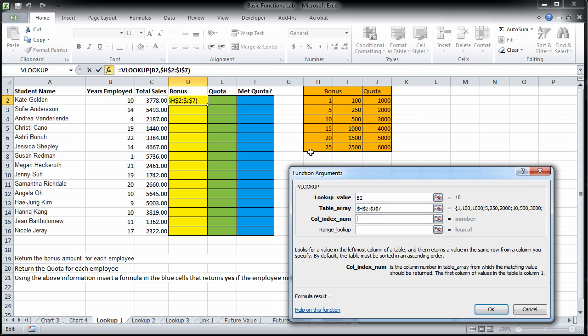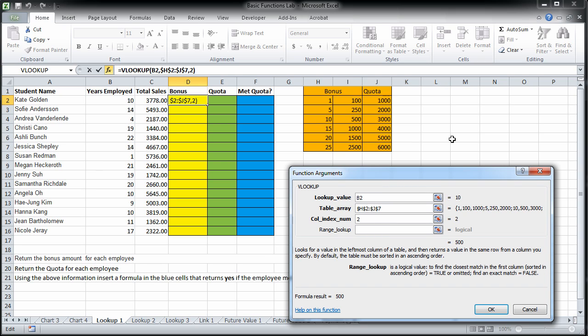Well, we'll never return anything out of the first column. Notice it's not column H here. We're looking at the table independently of where it shows up on the spreadsheet. So this is column 1, column 2, and column 3. I would never return column 1 because that's what I'm looking up. I already have that information. So in this case, what I want to return is column 2. I want to return the bonus amount.